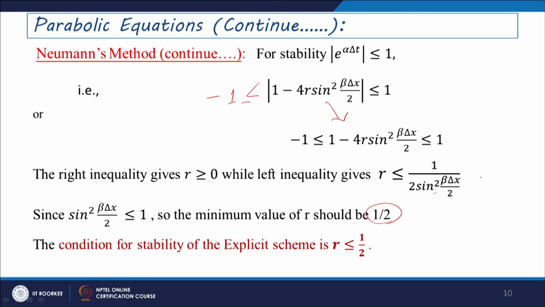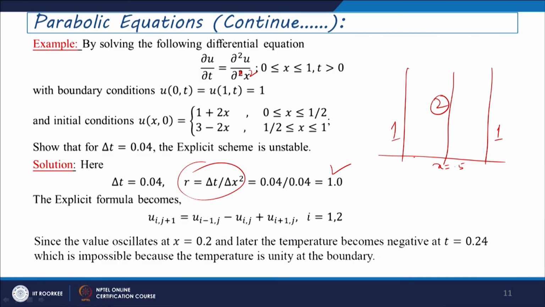If we consider r ≥ 0, the left inequality becomes this one, but if we consider r ≤ 0, we do not know what will happen. That is why there is a restriction that only when r ≤ 1/2 is the system stable and can we have a feasible solution. Thank you for listening to this lecture.